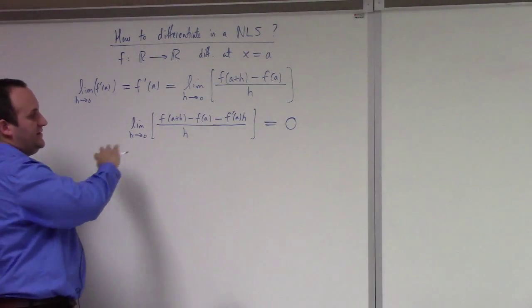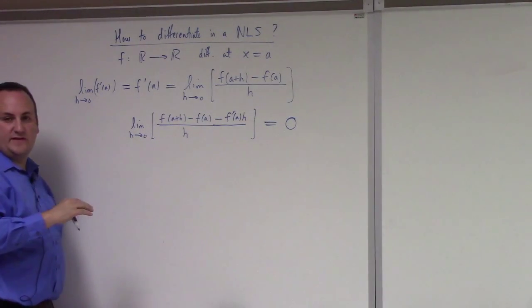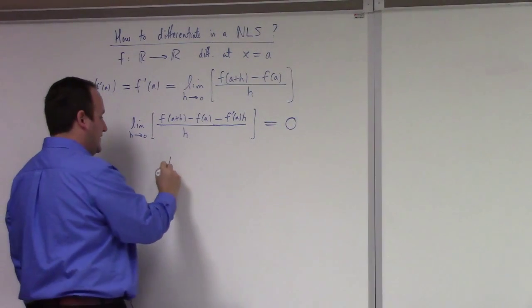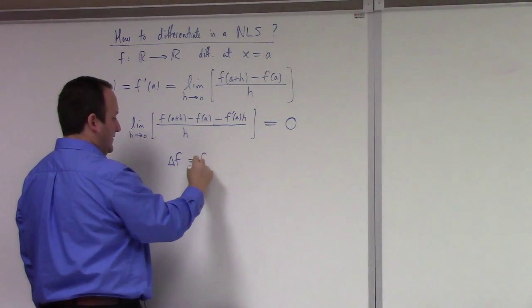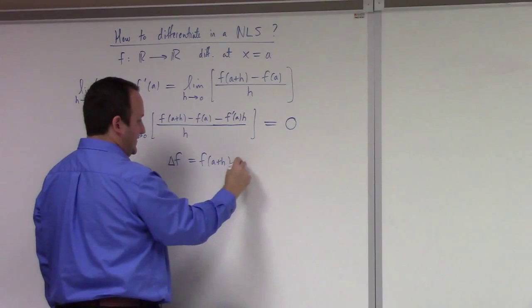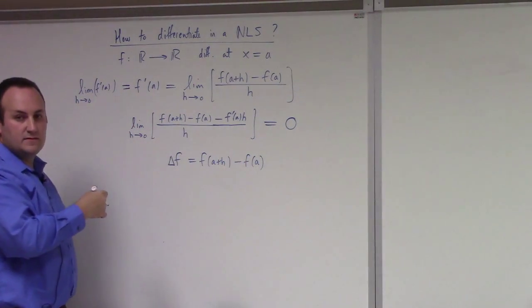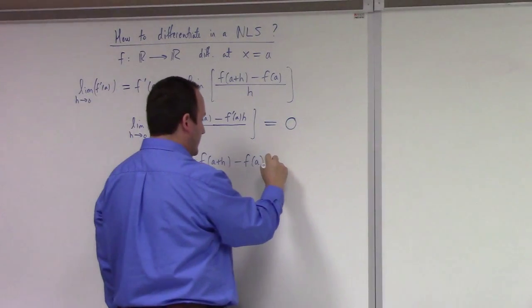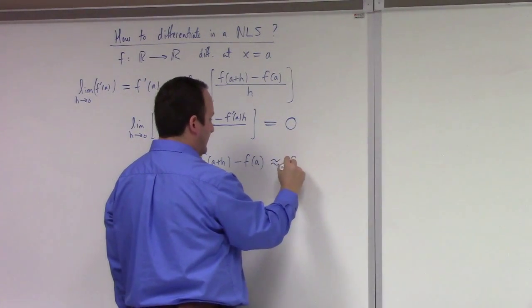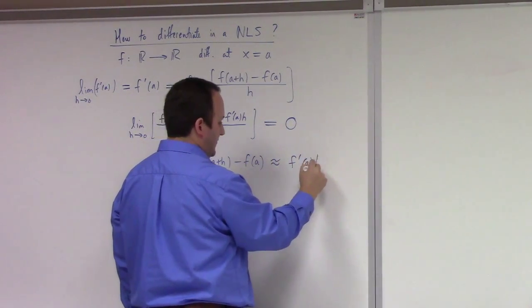So this actually goes to show you that approximation thing I was just telling you about. The change in f, right, is f of a plus h minus f of a, at a. And as you can see, that is very closely approximated by f prime of a times h.